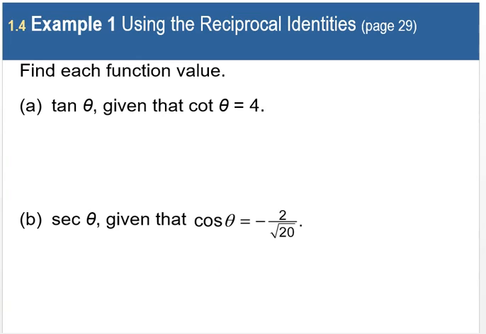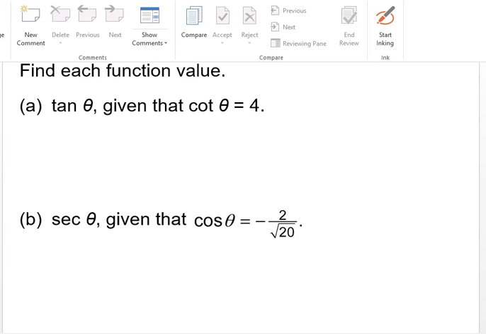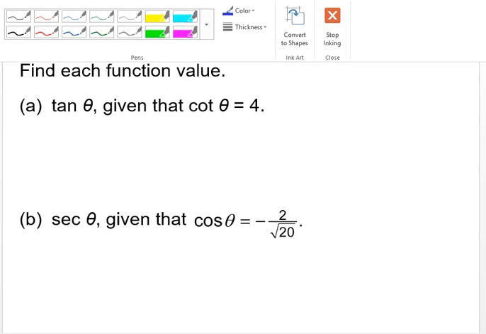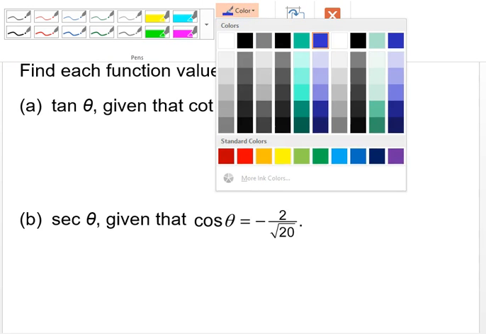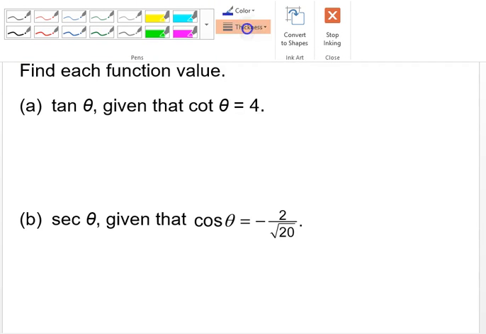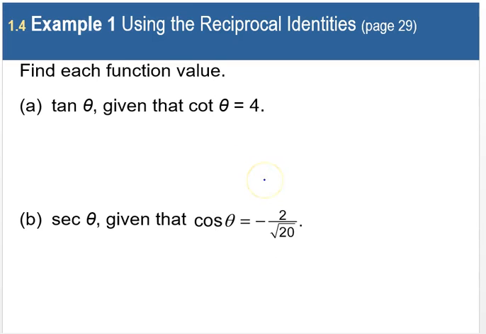Okay, so here is our first example that we'll be looking at. Getting my pen tool ready. All right. We are going to find each function value that we're asked for. So in part A, we are asked to find tangent of theta, given that cotangent of theta is equal to 4.